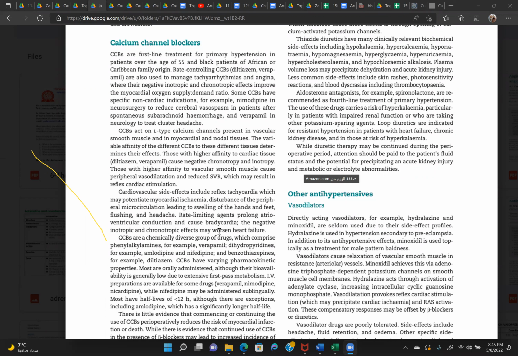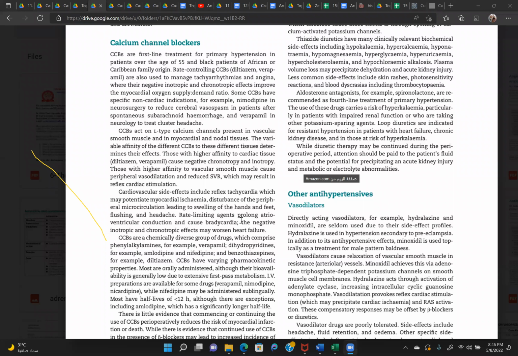The rate-limiting agents prolong AV conduction and cause bradycardia, which is why verapamil should not be used with beta blockers. Also, because both of them affect inotropy, chronotropy, dromotropy.